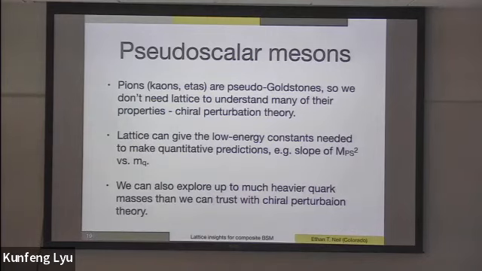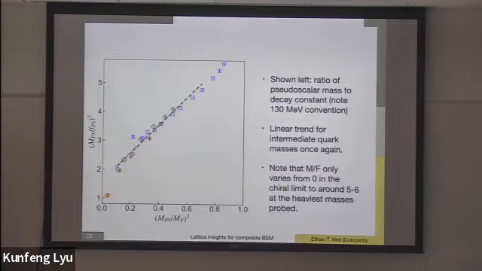The vertical axis is m pi squared over f pi squared. So it's the pion decay constant, the matrix element from pion to vacuum. There are different conventions for f pi. We work in the 130 MeV convention. If you're not familiar with the convention, don't worry about it too much, but we have an appendix in the paper. And you can see at intermediate quark masses, things are very linear.